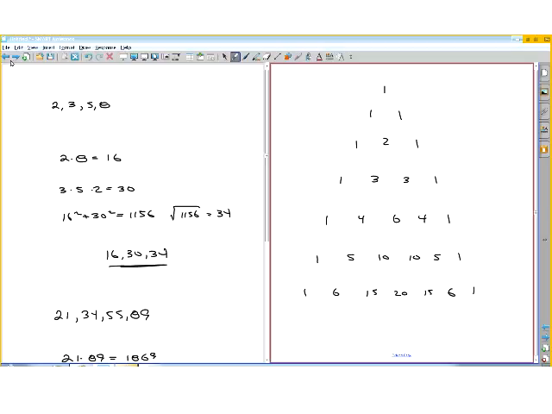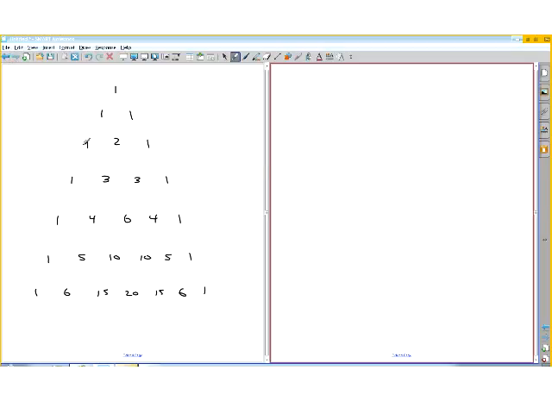Now it says if we write this in a different form, where we take this as a row, we have 1, 1, 1, 1, 1, 1, 1, and then this is the next one. You get 1, 2, 3, 4, 5, 6.